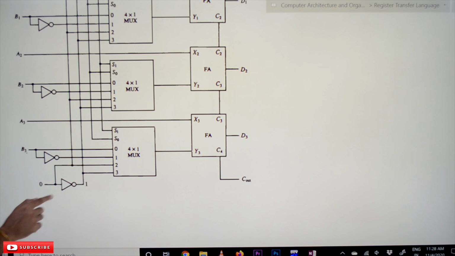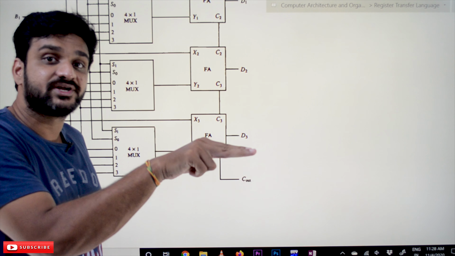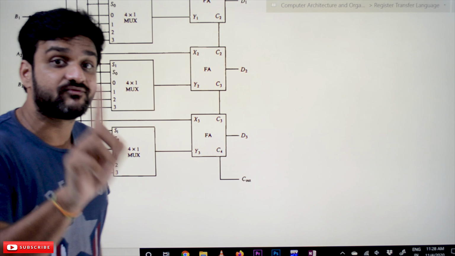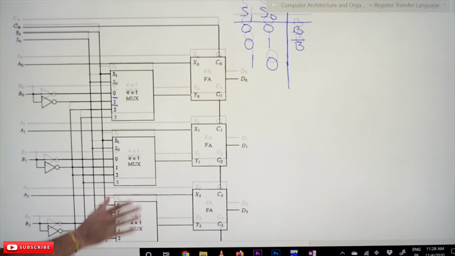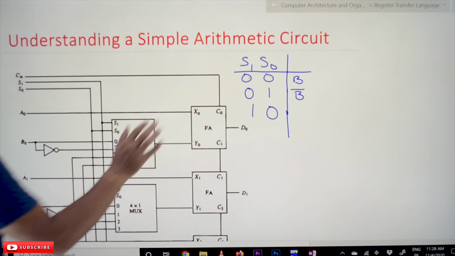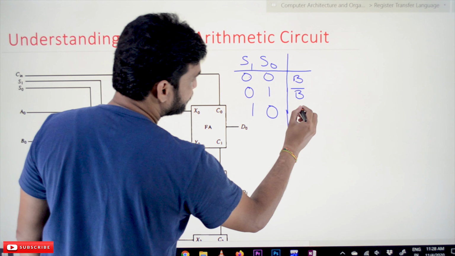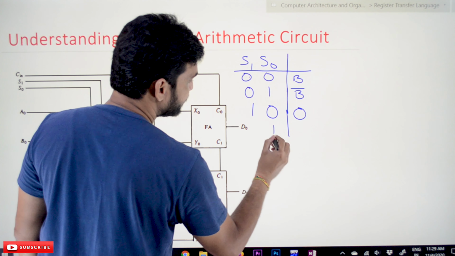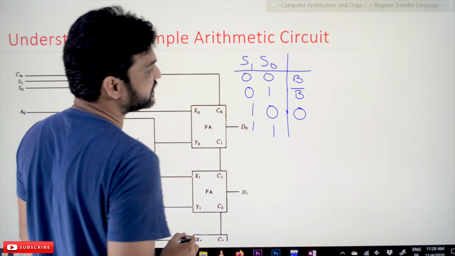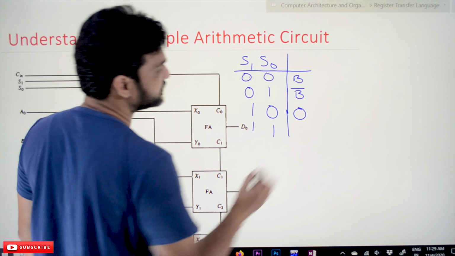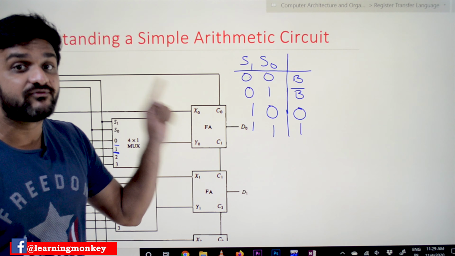And whenever S0 and S1 is 1, 1, it is going to select line 3, which is provided with an input of 1. Okay, so see here, whenever S0 and S1 is equal to 0, 1, it is going to select 0. Whenever the value of S0 and S1 is 1, 1, it is going to select line 3, which is provided with an input of 1.